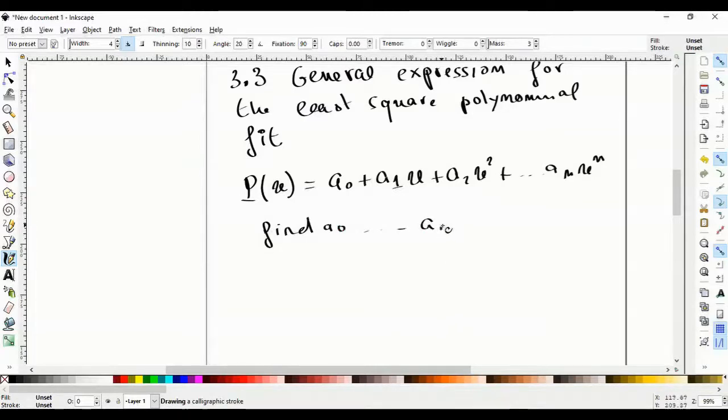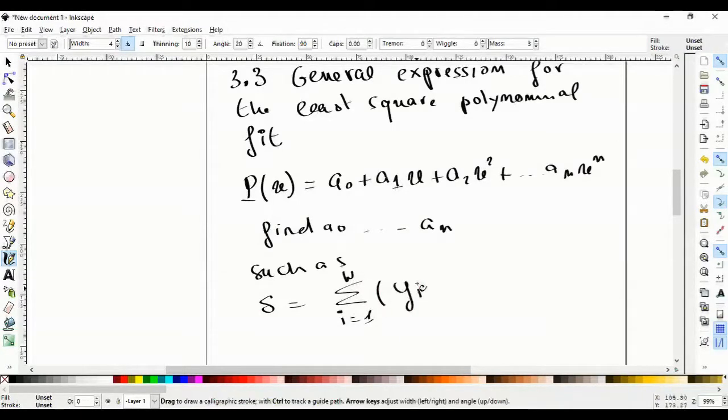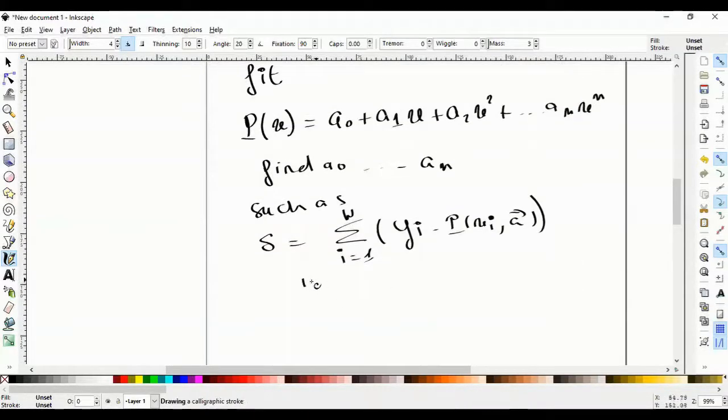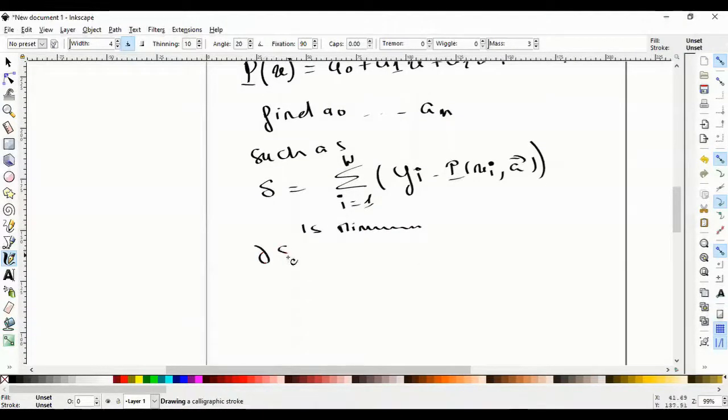till an such as the sum from i equals 1 till n of yi minus p of xi is minimum. Okay, so the same procedure as we did for the line, we will find.